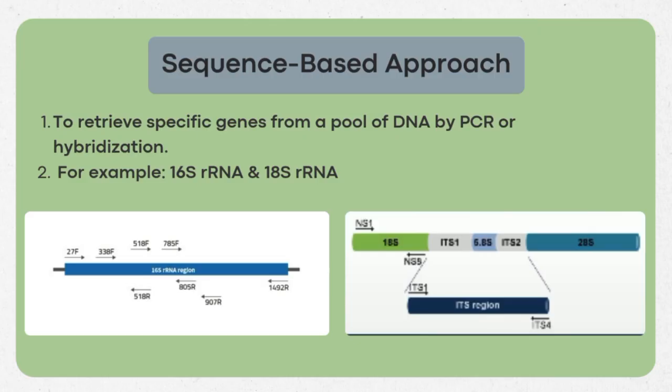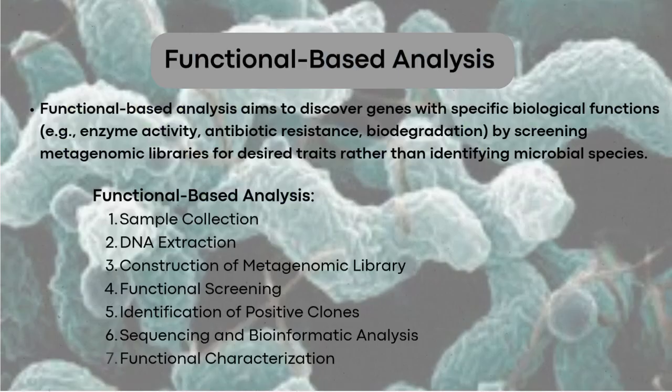For example, 16S ribosomal RNA and 18S ribosomal RNA. Functional-based analysis: functional-based analysis aims to discover genes with specific biological functions like enzyme activities, antibiotic resistance, biodegradation by searching a metagenomic library for the desired trait rather than identifying microbial species.